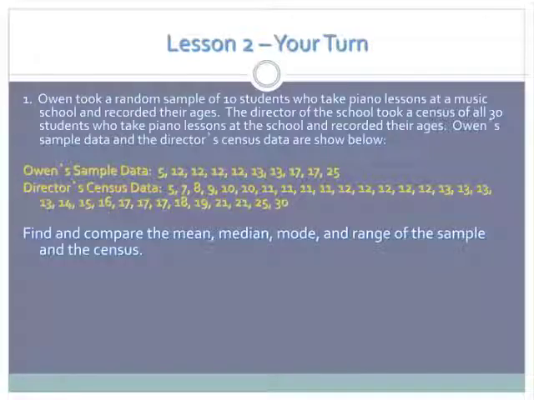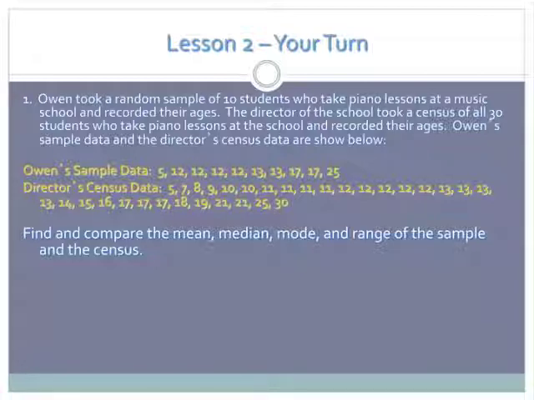and you need to go straight to the Your Turn question on your notes that looks like this slide. The question says, Owen took a random sample of 10 students who take piano lessons at a music school and recorded their ages. The director of the school took a census of all 30 students who take piano lessons at the school and recorded their ages.